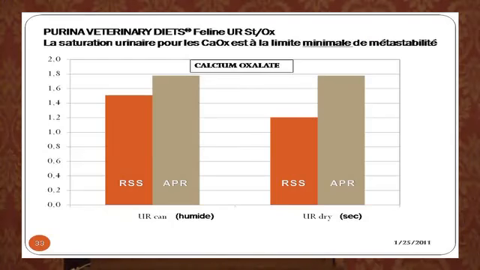It has been used by pet food companies to formulate diets to help with the management of stone types. For example, the Purina veterinary diet UR-STOX. When formulating such a diet, it is important to keep the urine undersaturated for struvite and to achieve the lowest level of saturation for calcium oxalate.